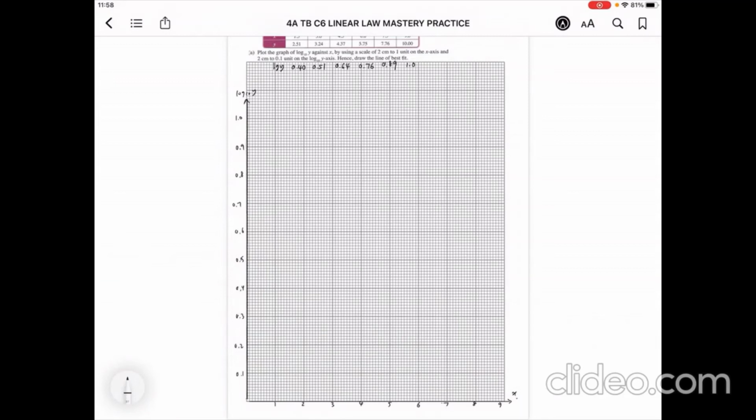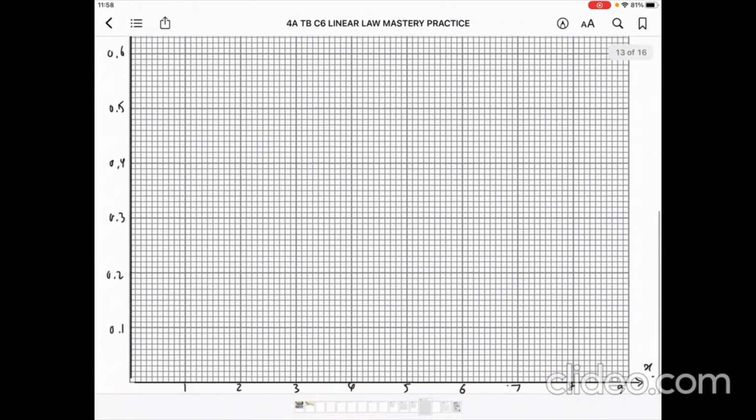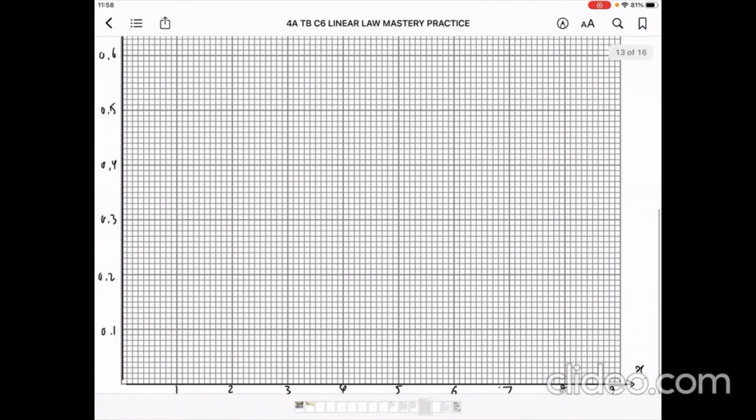Okay, now next let's plot the points. The first point will be 1 and 0.4. So 0.4 over here. Next one is 0.51, 2, 3 and 0.51.